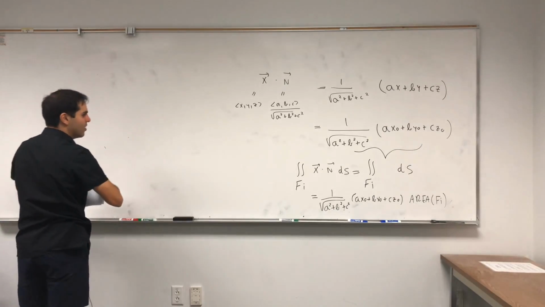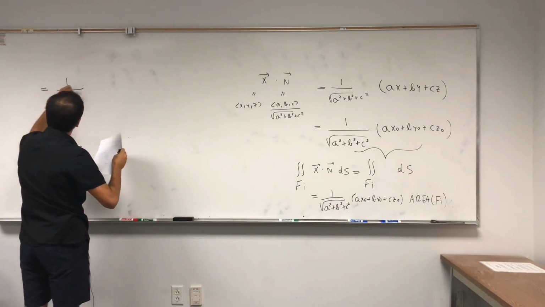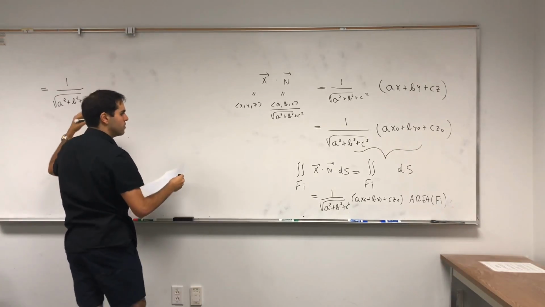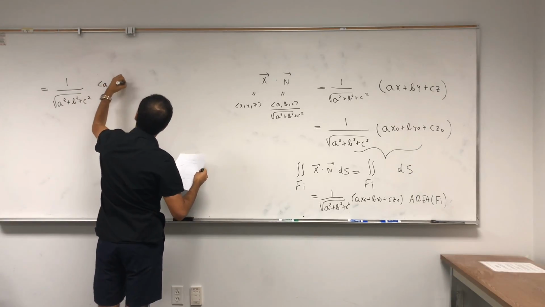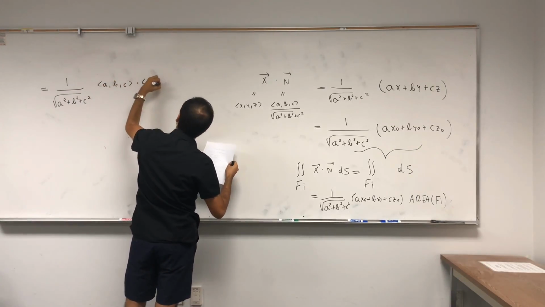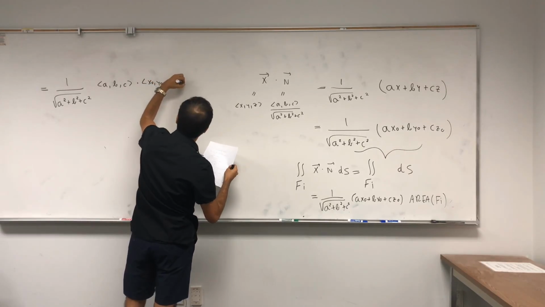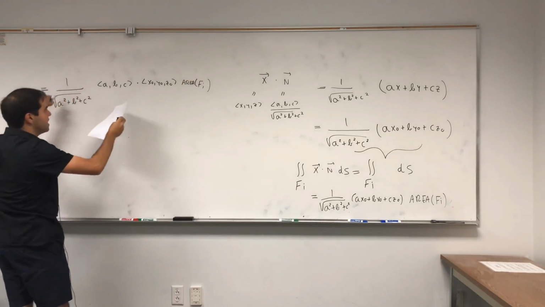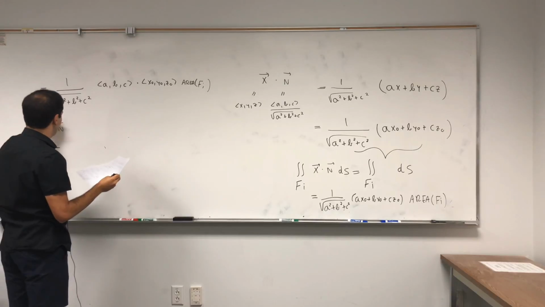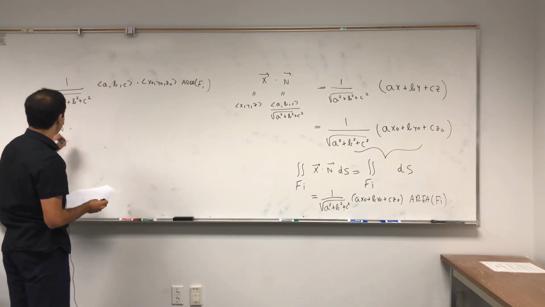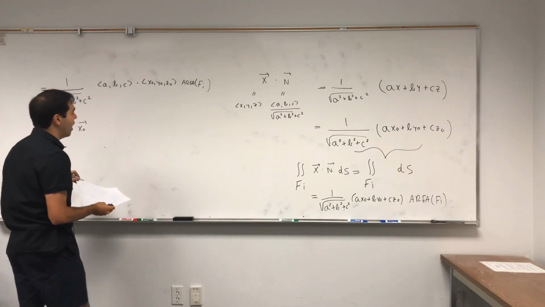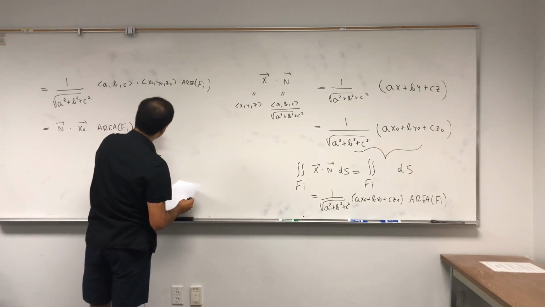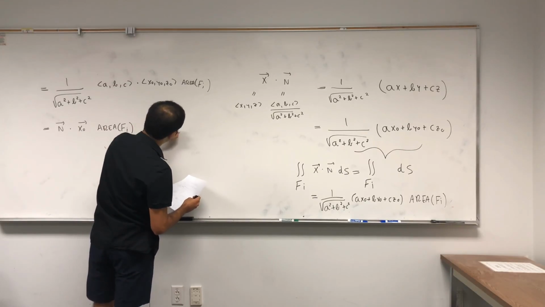So this really becomes 1 over square root of a squared plus b squared plus c squared times (a, b, c) dotted with (x naught, y naught, z naught) times the area of Fi. And again, what is this? It's just a unit normal vector to the surface. So it becomes n dotted with x naught times the area of Fi, where the vector x naught is just (x naught, y naught, z naught).